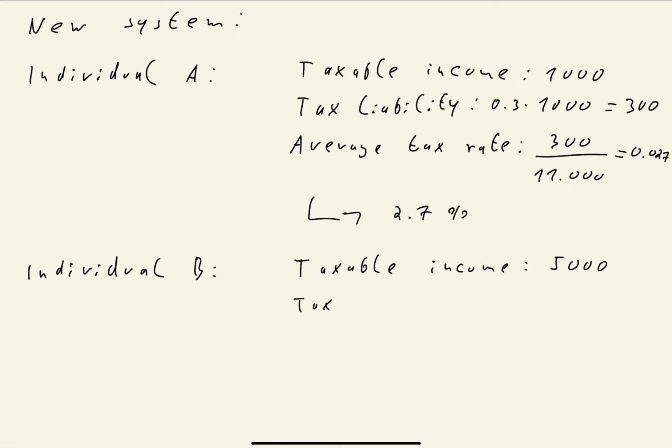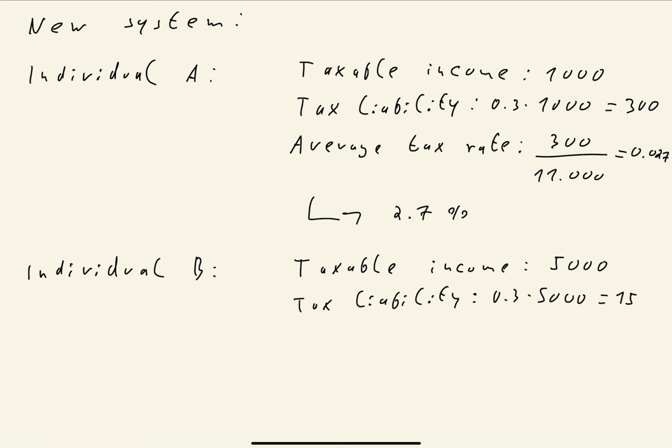His tax liability is given by 0.3 times 5,000, which is equal to 1,500.